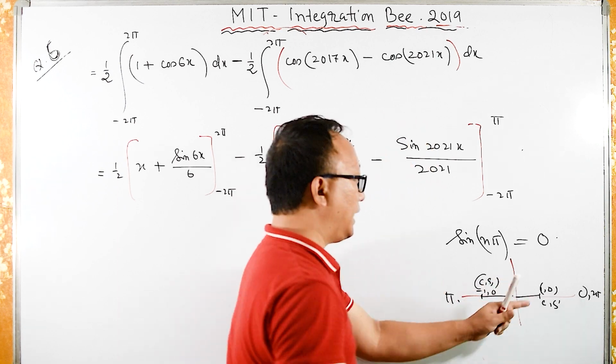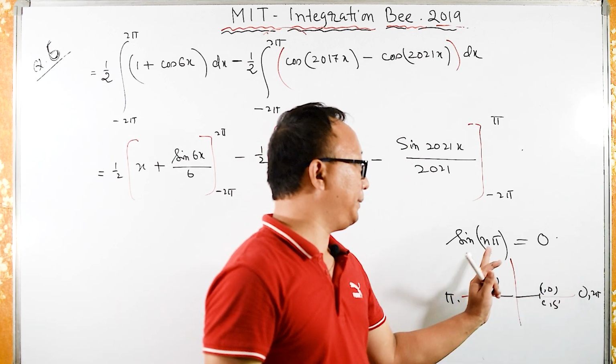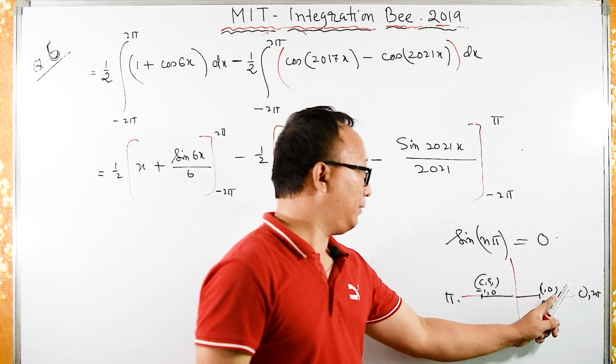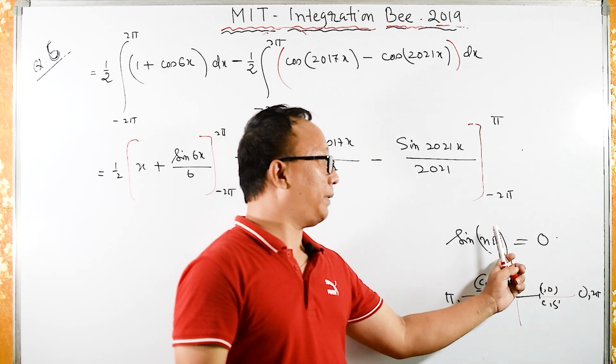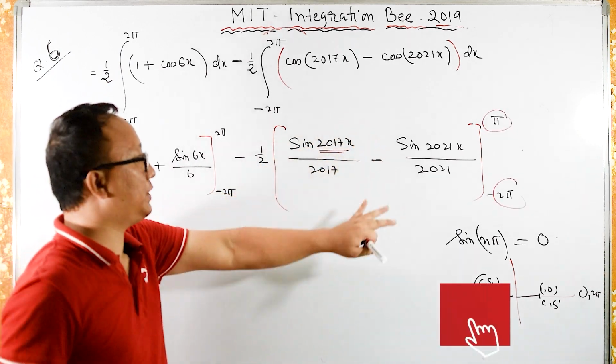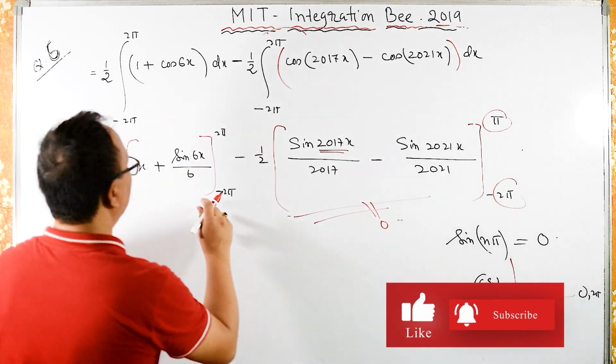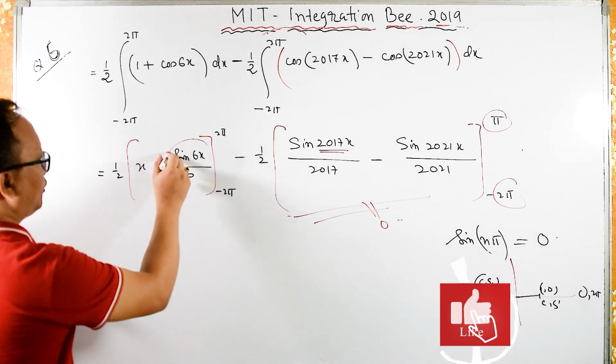Sine 0 is also 0, sine pi is also 0, and whatever multiple of pi, sine n pi is 0. Therefore, whatever sine terms you have, all of these become 0. Therefore, this is going to become 0. This part also is going to be 0.